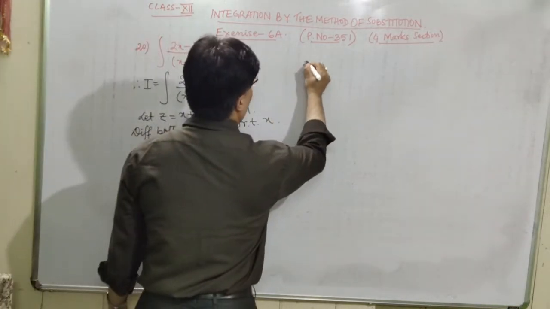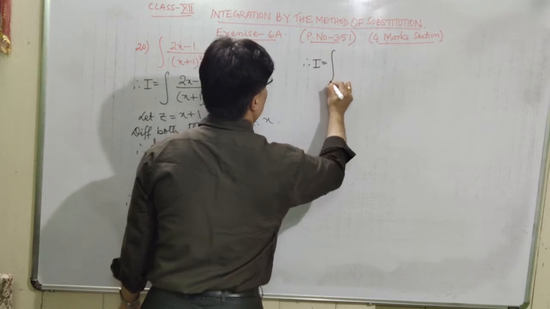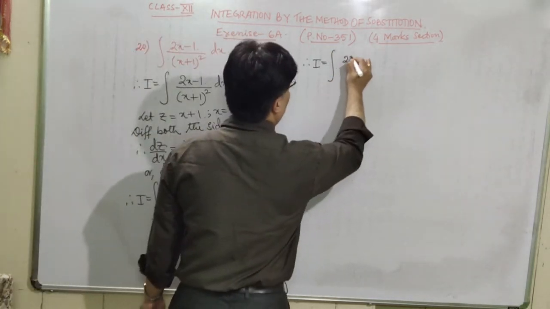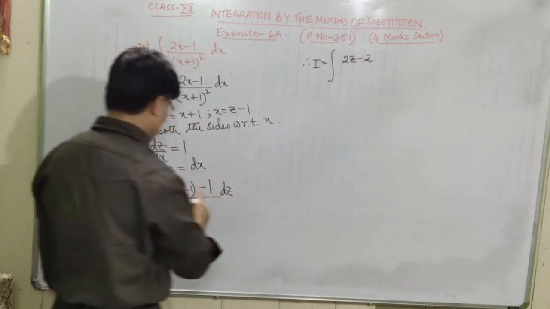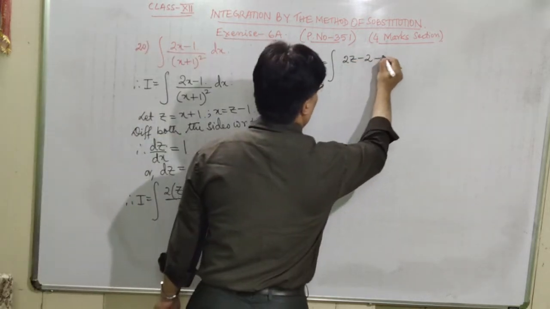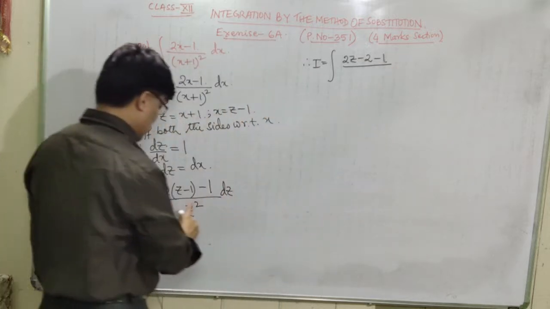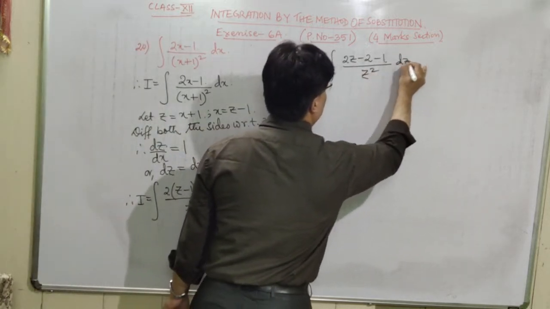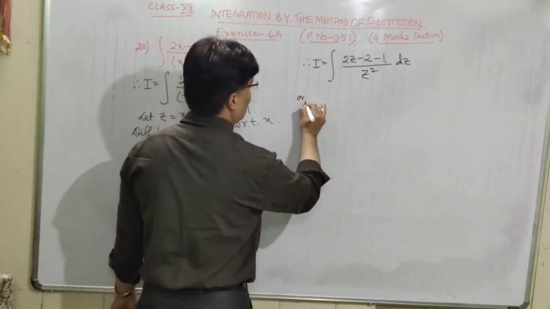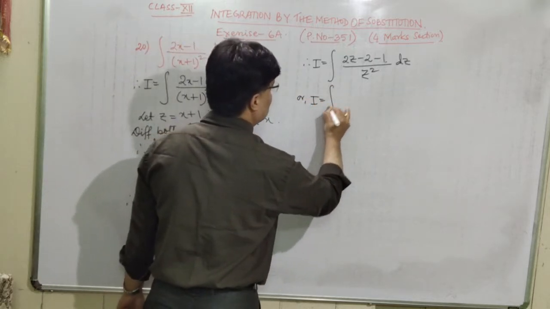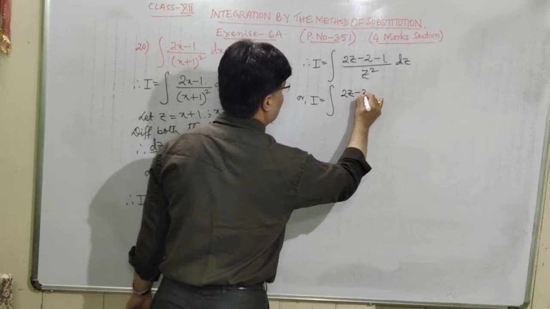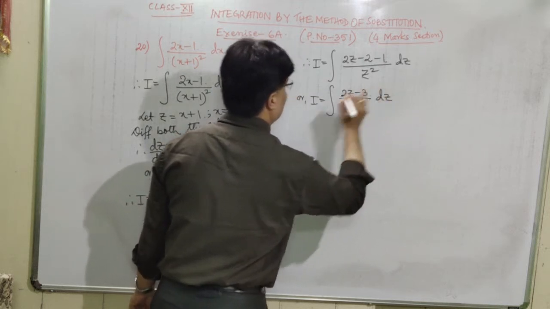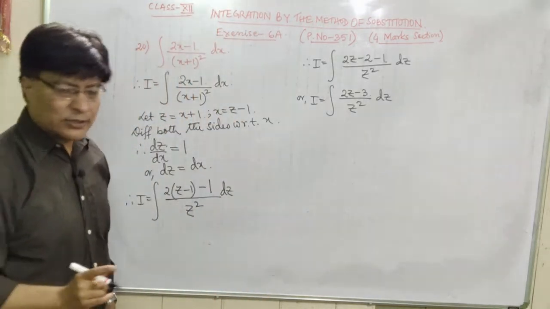So I is equal to the integration of, multiply by 2 here, 2z minus 2, then minus 1, whole divided by z square dz. Or I is equal to the integral of (2z minus 2 minus 1, which is 3) whole divided by z square dz. Is that understood?